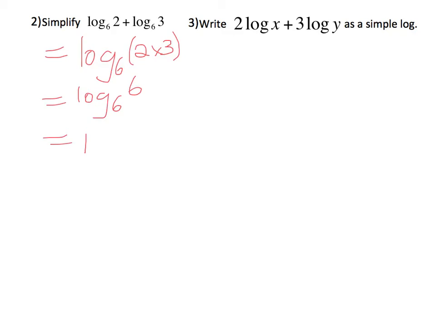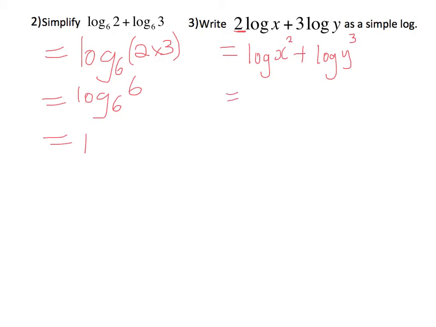All right, the second example, write 2 log x plus 3 log y as a simple log. So we can bring this number, the coefficient of the log, to the power. That was that third log law there. So 2 log x is the same as log of x squared. Likewise, we can bring this 3 from the front and make it a power. So 3 log y becomes log of y cubed.